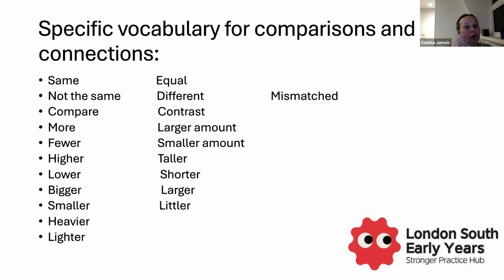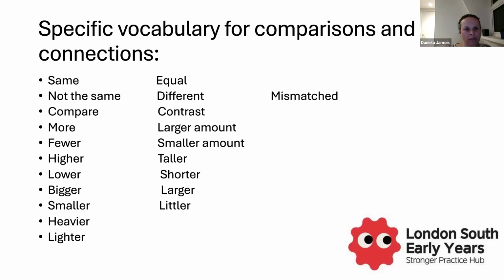You might use the word compare before you then move on to using the word contrast. So you can see you can add these words quite intentionally into your planning. You might be using more, and then later you might use larger amount, or you might find that using those two at the same time helps support the understanding of more.